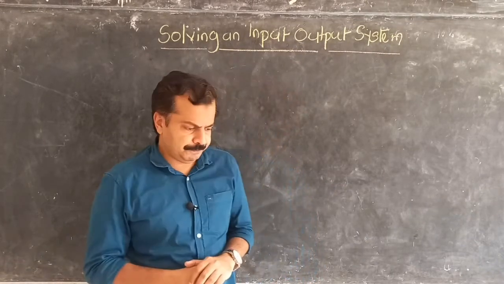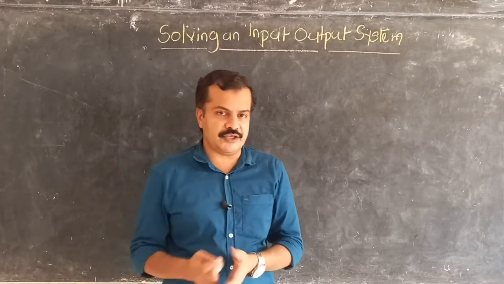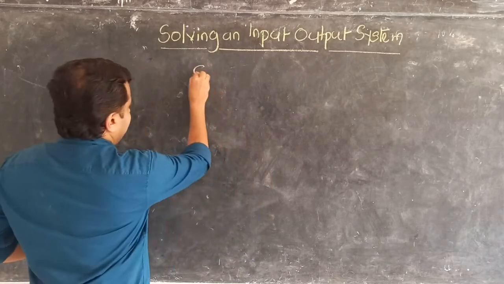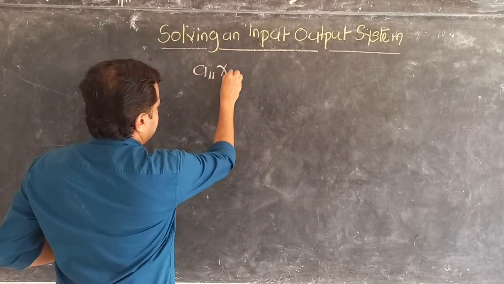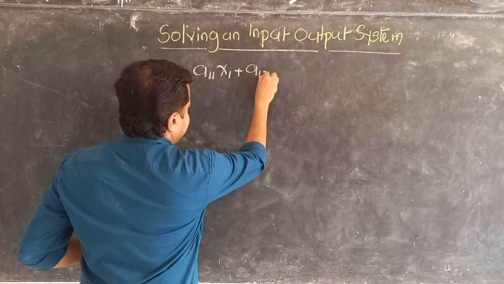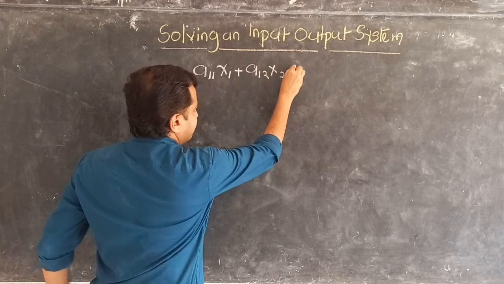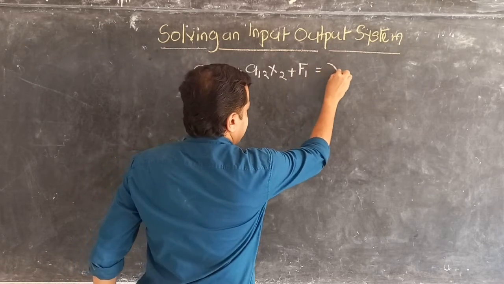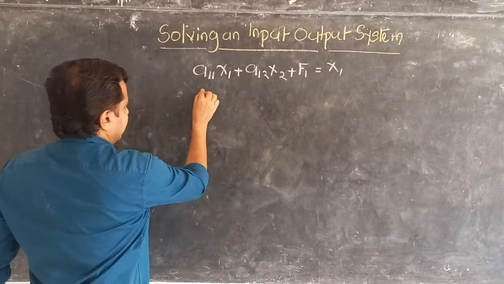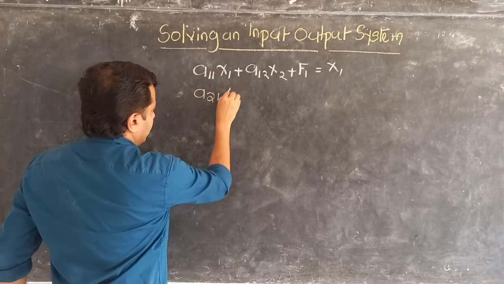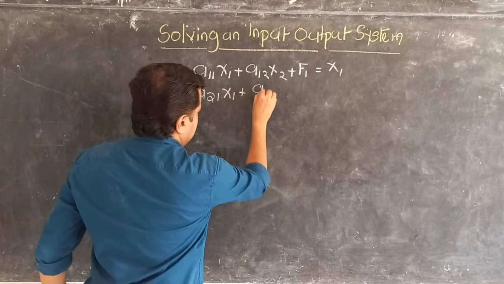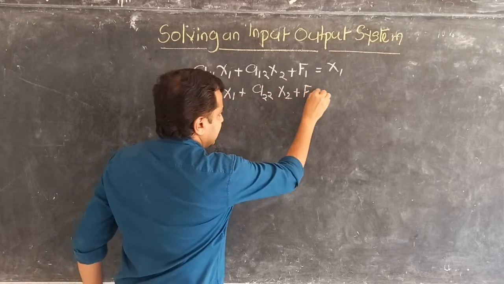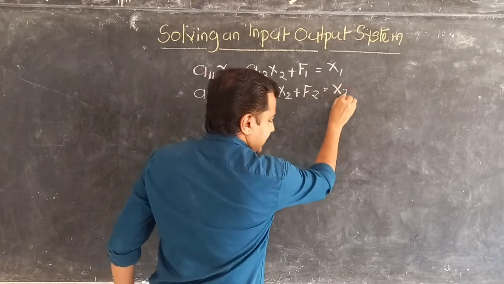From our last session, we have a balancing equation, right? We do have an equation like this: a11x1 plus a12x2 plus f1 equals x1, and the second equation was a21x1 plus a22x2 plus f2 equals x2.